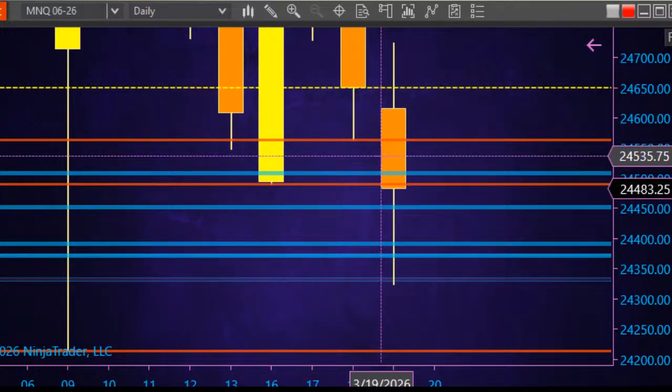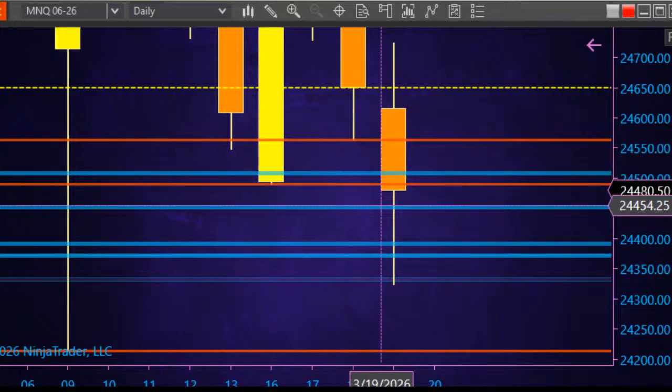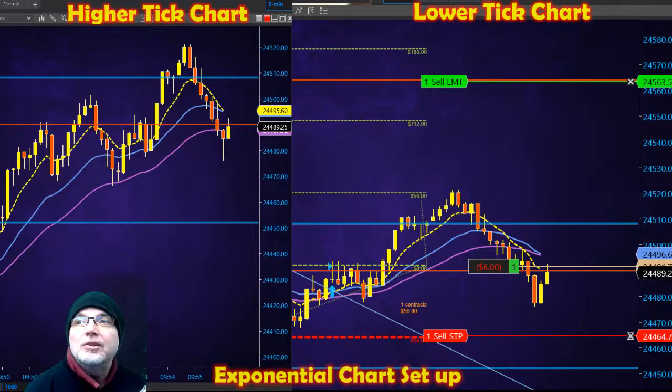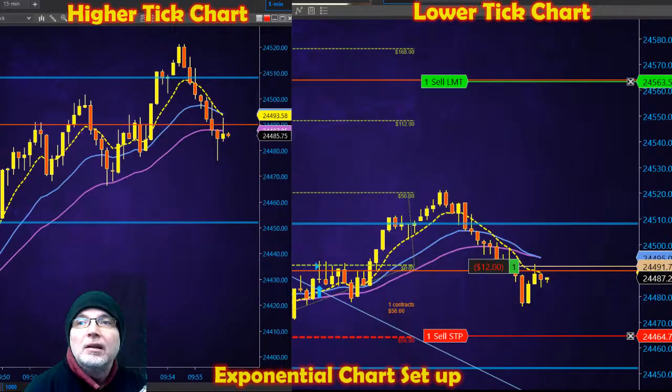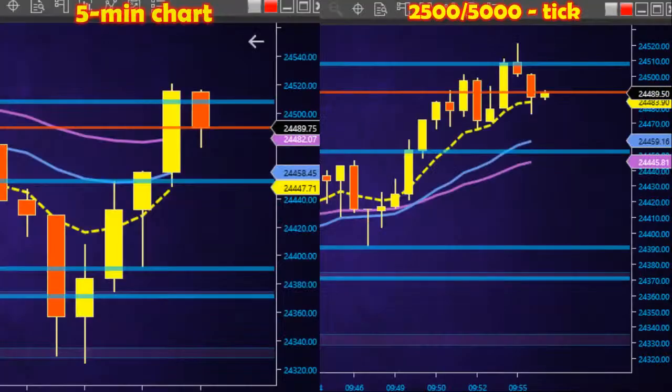If you change directions, we will go short. I have no problem changing directions. If these change directions, which they're both pushing underneath, they're both pushing down, that's fine. These two are still bullish. 5 minute and 5,000 are still bullish.